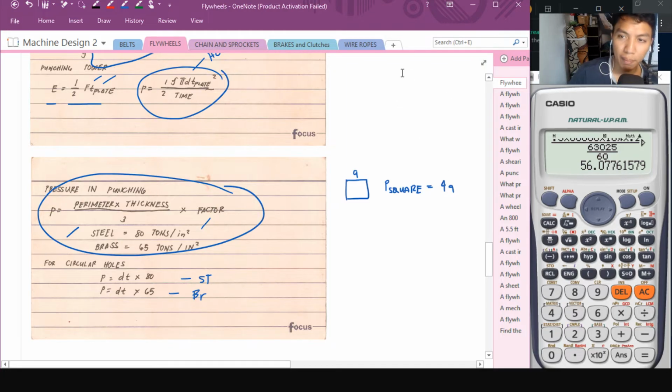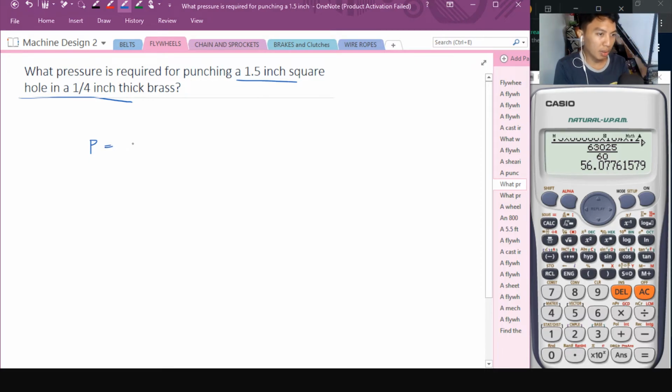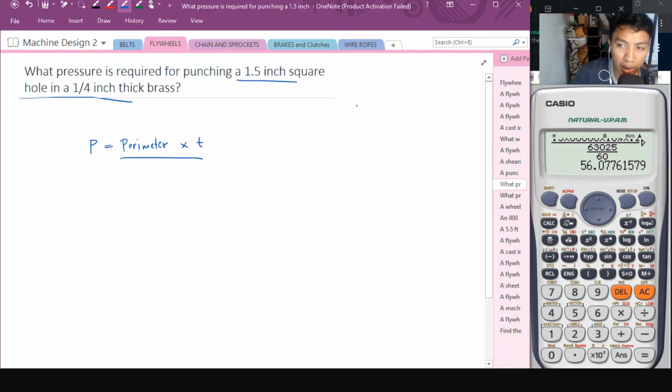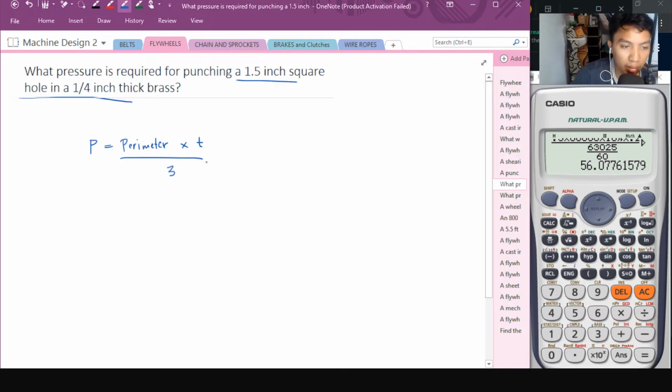Basic yan. Di ba? So, this is punching pressure. This is equal to the perimeter. You multiply it with thickness. Divide by 3. Multiply to factor.